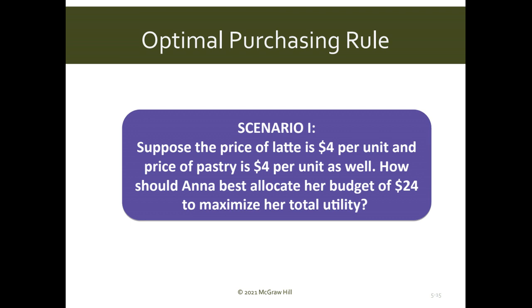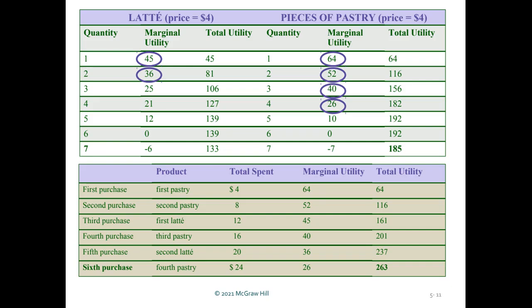Now the question is how much she is going to spend on pastry and latte. You can't answer unless you know Anna's marginal utility, whether she likes latte or she likes pastry more than latte. So we have to have marginal utilities. So let's take this data.